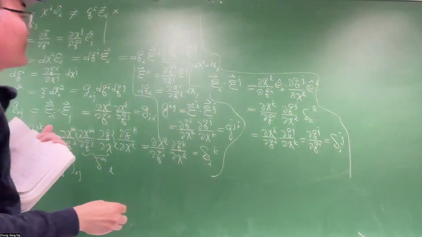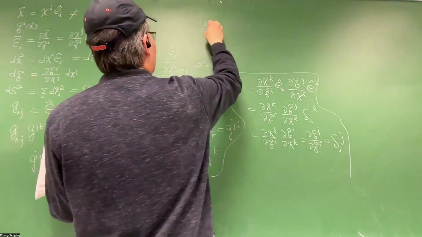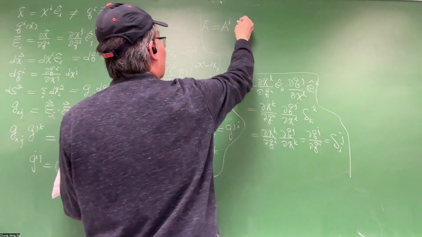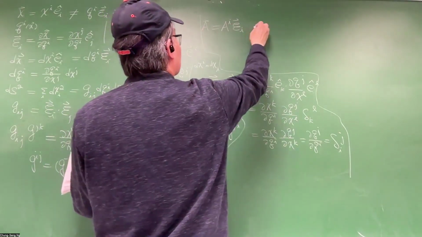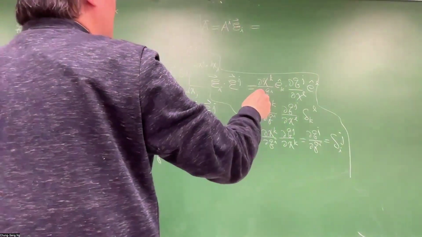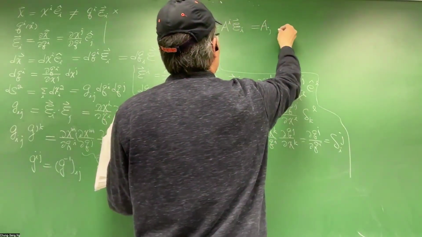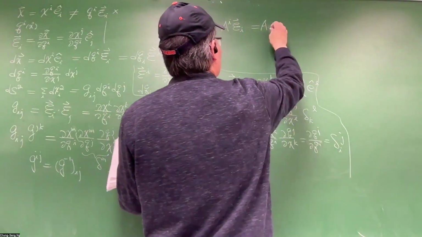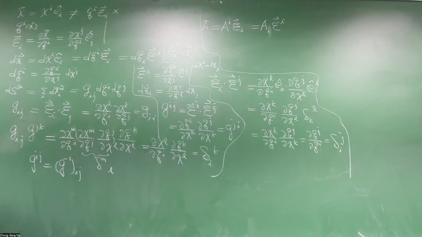So if you have any vector, say any vector A, that you want to write as A equals A^j. You can either write it in covariant basis or contravariant basis, right?